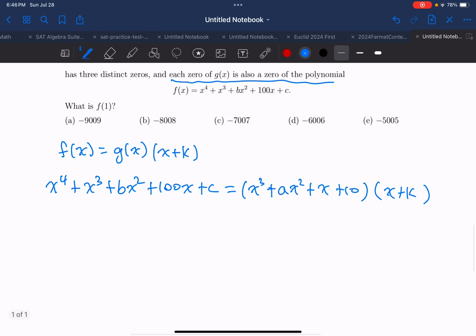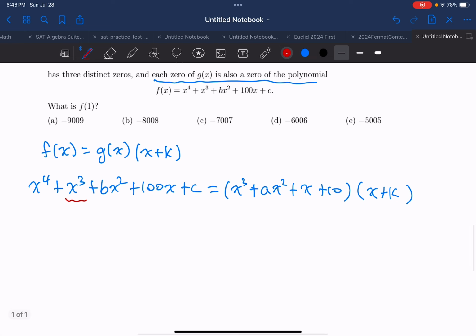And if we compare the coefficients of x cubed, since the coefficient of x cubed here is 1, then the coefficient of x cubed on the right side of the equation should also be 1.